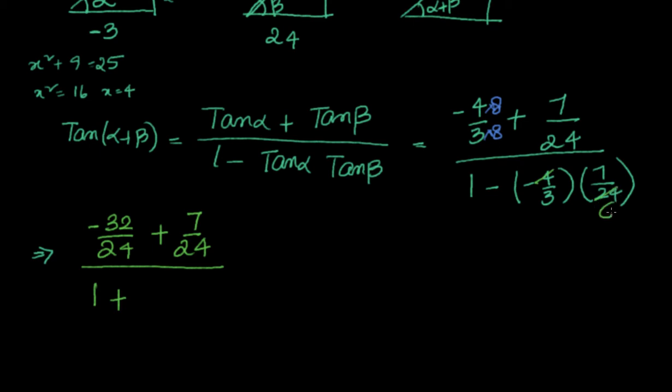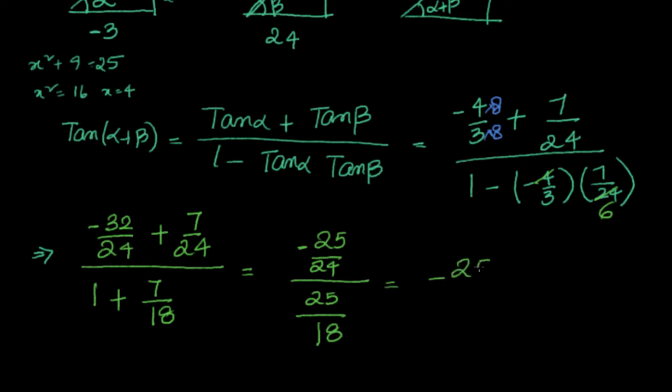I can cancel this 7 times, then I can say 1 plus 7 by 18. That is nothing but equal to minus 25 by 24 divided by 25 by 18. That is equal to minus 25 by 24 into 18 by 25. 25 cancels. 6 3 times, 6 4 times. That's nothing but equal to minus 3 by 4.